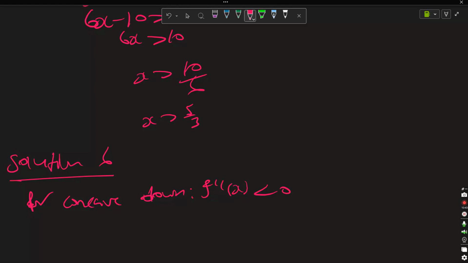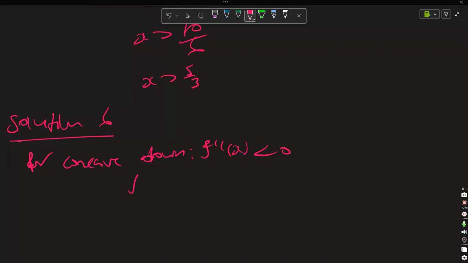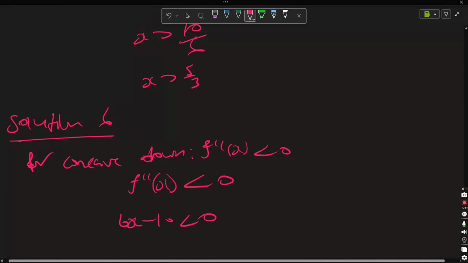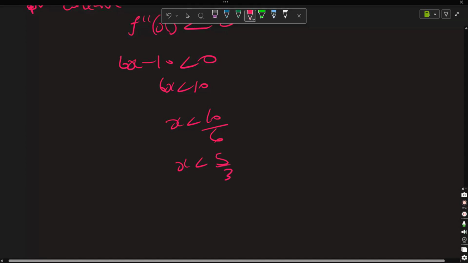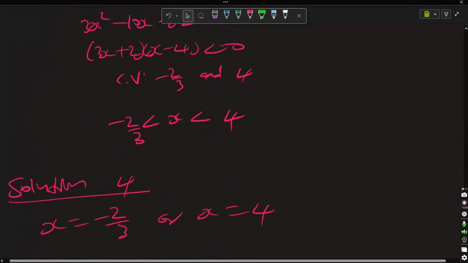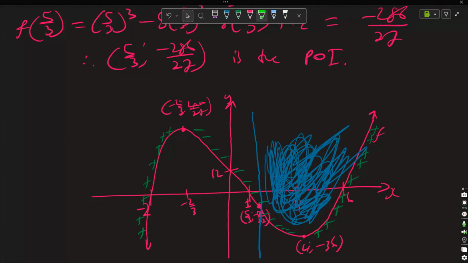So 6x minus 10 is less than 0. 6x is less than 10. And then x is less than 10 over 6. X is less than 5 over 3.